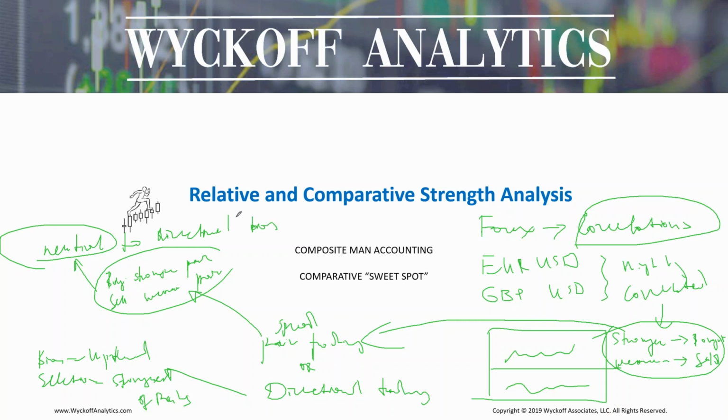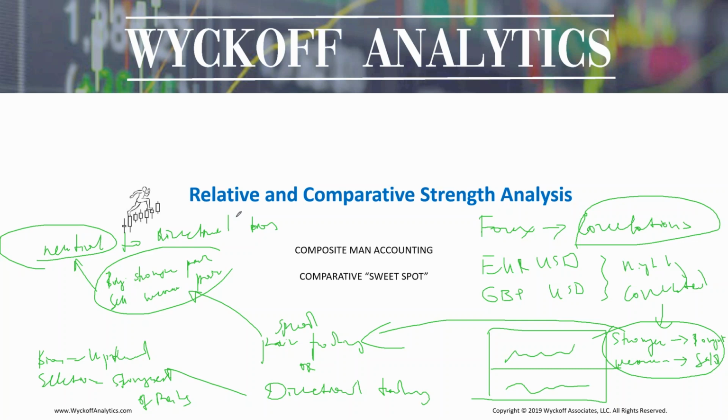So in a way, it's almost like you're taking the same asset, because this is a highly correlated asset. You define which asset is stronger. You want to be in that asset, because the idea here is that the stronger asset is going to produce a better effect than the weaker asset. It suggests that institutions are more interested in that pair, so they're going to go for that rather than another pair.